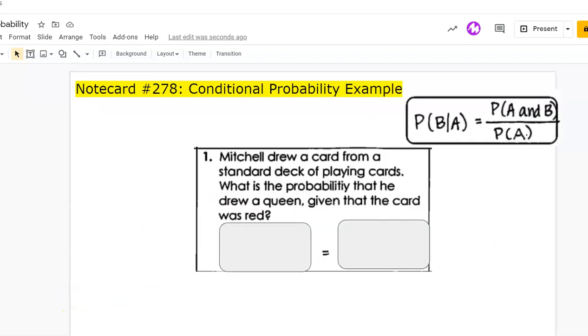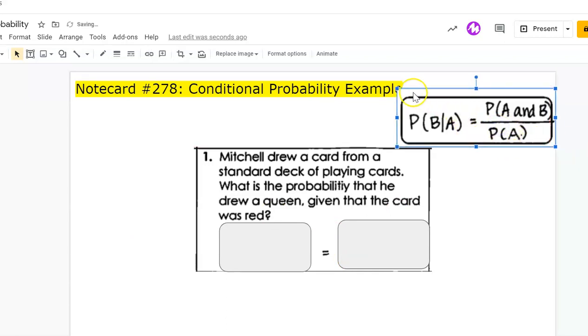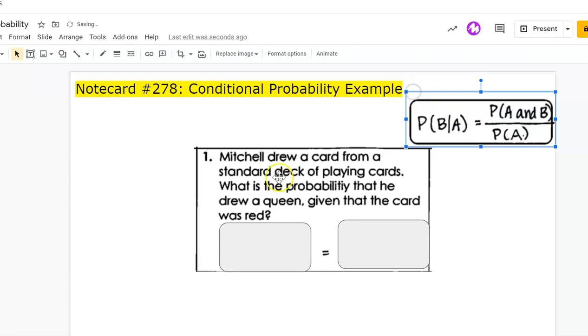Card 278, I want to do an example of conditional probability, and I have popped the formula in right here for us to reference if needed. Okay, so it says Mitchell drew a card from a standard deck of playing cards. What is the probability that he drew a queen given that the card was red? Okay, so what do we have going on here?